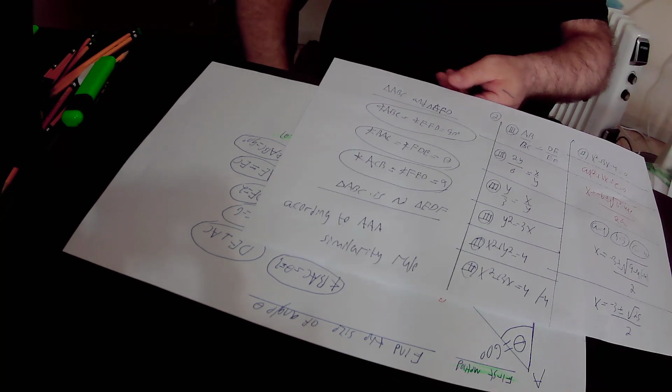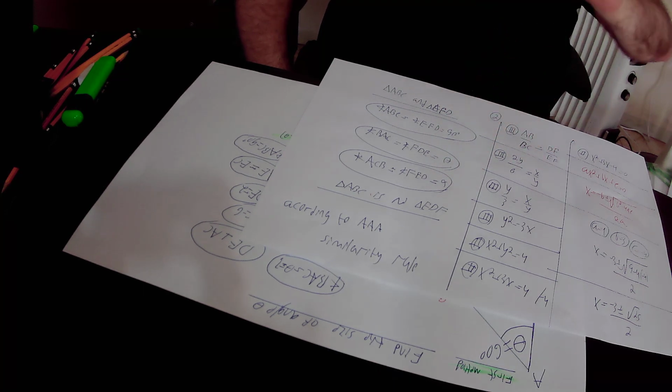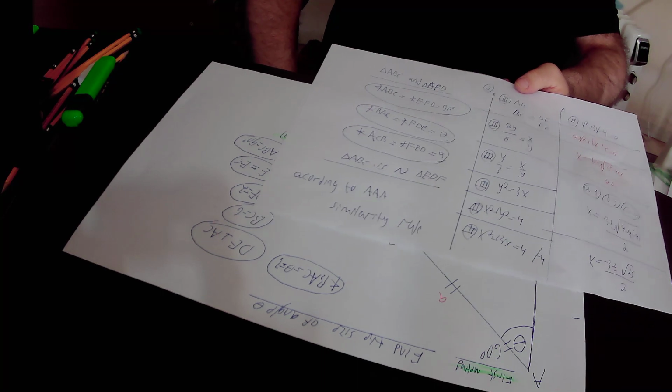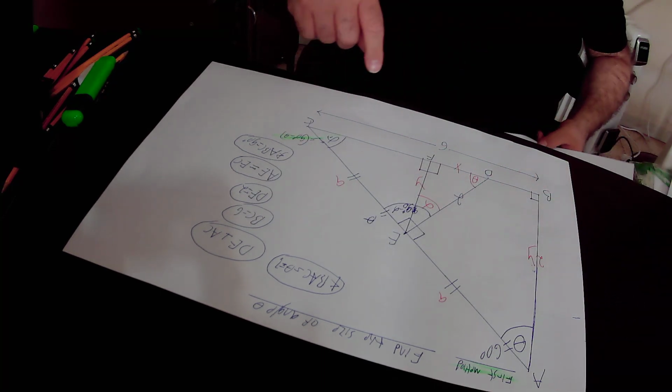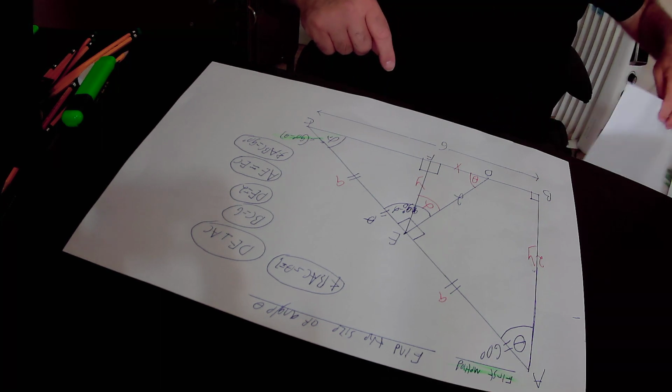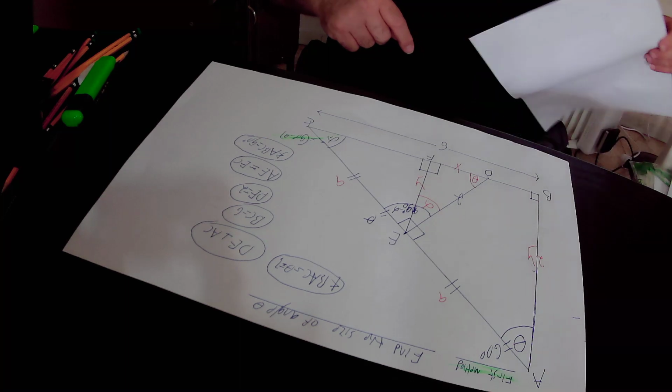Triangle ABC is similar to triangle EDF according to the angle similarity rule. And from the fact that those two triangles are similar, we conclude that AB over BC in triangle ABC equals DF over EF in triangle EDF.